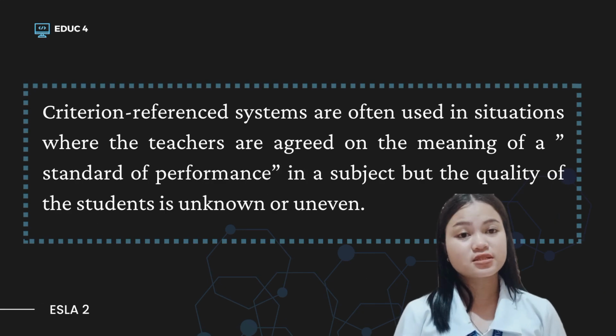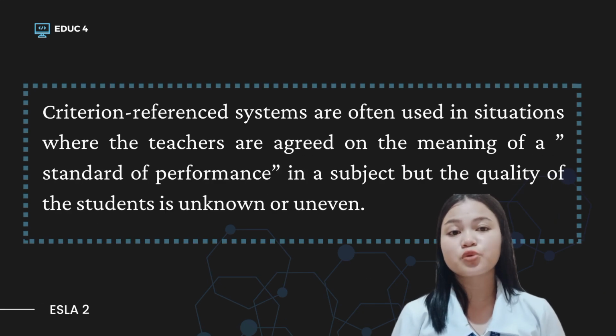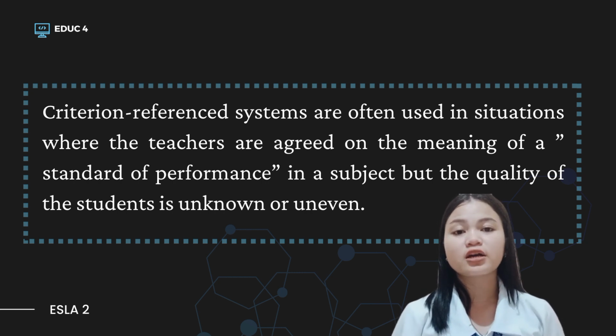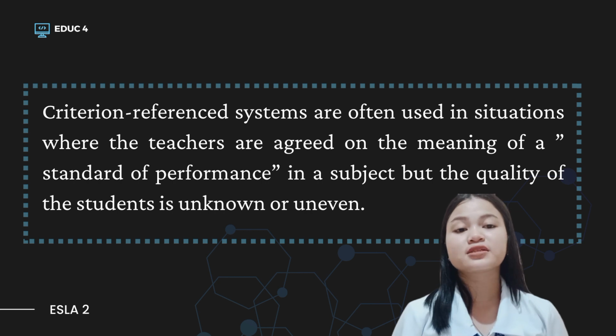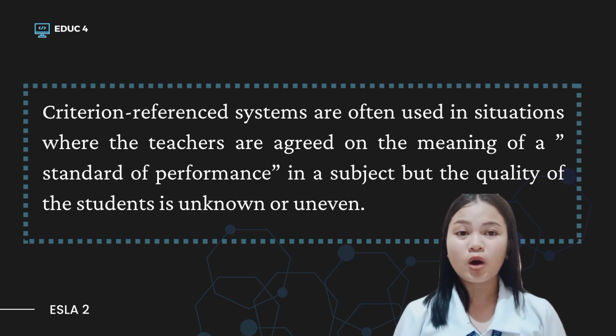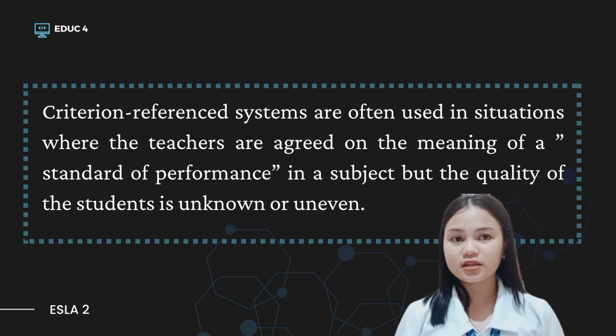Criterion reference systems are often used in situations where the teachers are agreed on the meaning of a standard of performance in a subject, but the quality of the students is unknown or uneven.